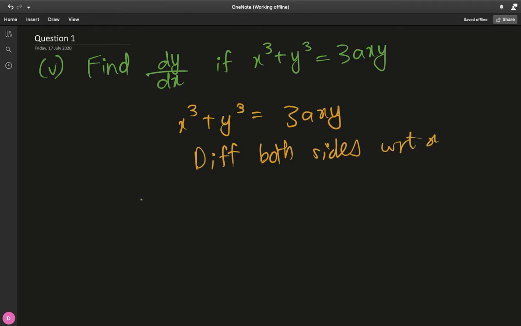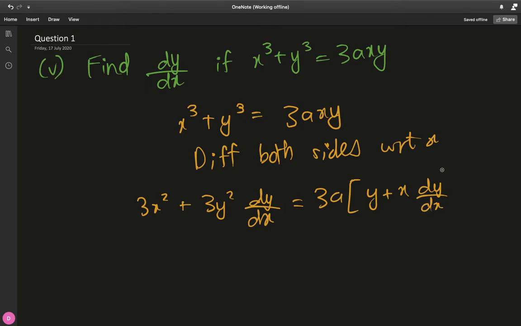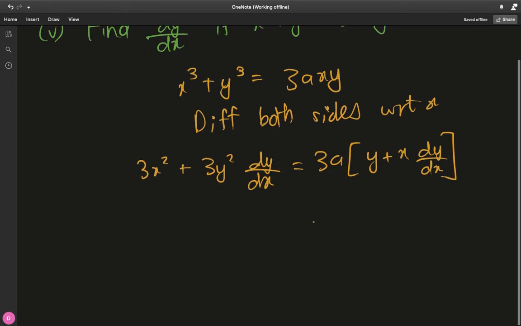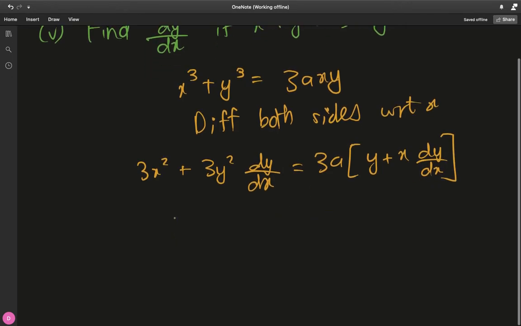So when I do that, I have 3x squared plus 3y squared times dy over dx by implicit differentiation is equal to 3a, and the product rule, if I do that, I have y plus x times dy over dx. So we can cancel 3's from all sides.